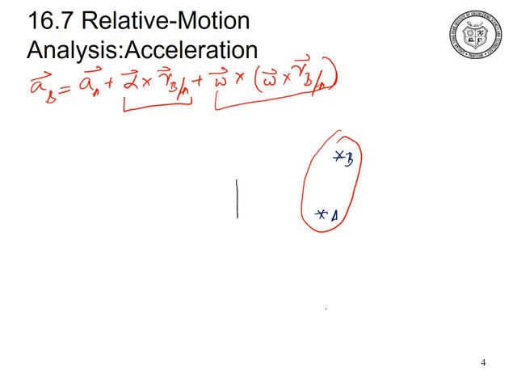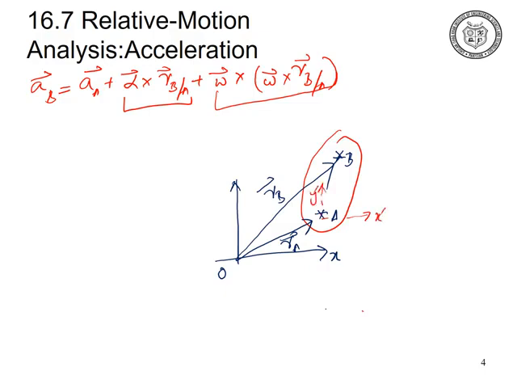Now consider the inertial frame of reference X and Y, and this is your fixed origin. What will be the position of the particle A with respect to the fixed inertial frame of reference? RA shows the position of particle A, and RB shows the position of the particle B with respect to A. Let us say that your translating axes are on particle A, X prime and Y prime.